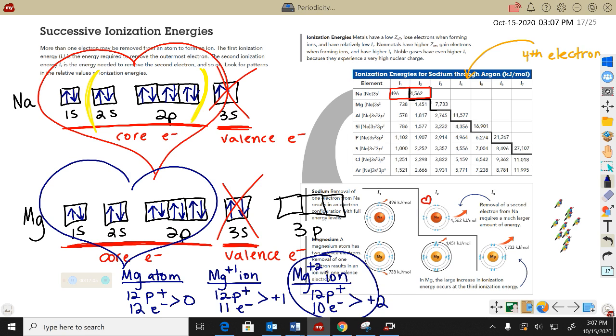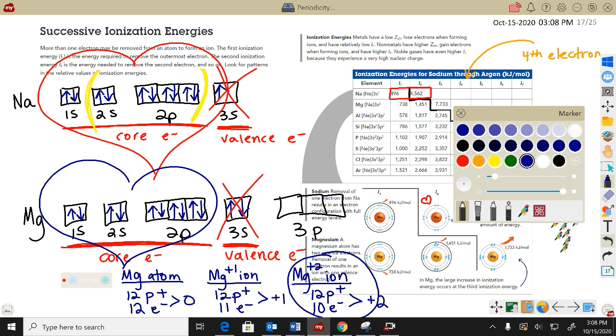They always increase because you're never changing the charge on the nucleus. But as you lose electrons, when I get to argon and I'm at its I7, that's losing its 7th electron. By that time you've got way more protons than electrons, and it's a greater nuclear charge.